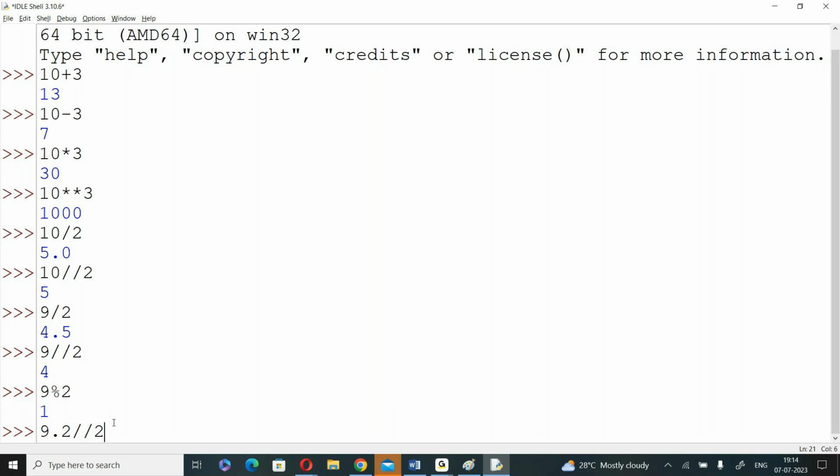If at least one is a floating number, the result is also float. But everyone remember, it is always point 0 only. It performs the operation like this. It removes whatever is after the point. 9 double slash 2. The answer is 4. In the numerator, we have point 0.